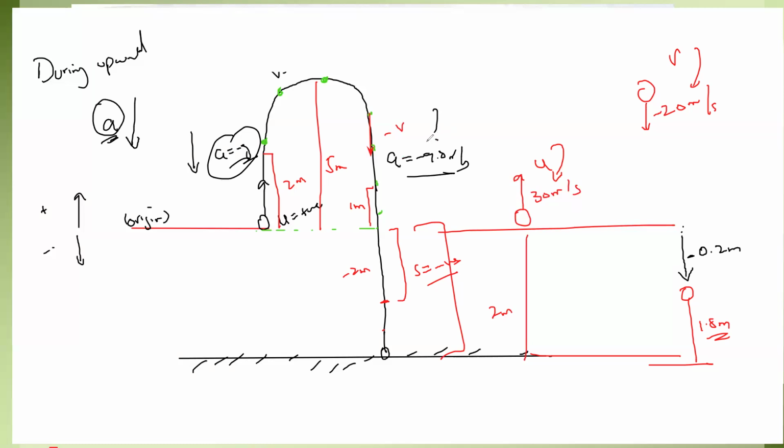The reason is that the direction of the acceleration is always acting downward. So when we consider the full motion, you will always take acceleration as negative 9.8. But for a half motion, you will consider upward as negative and downward as positive.